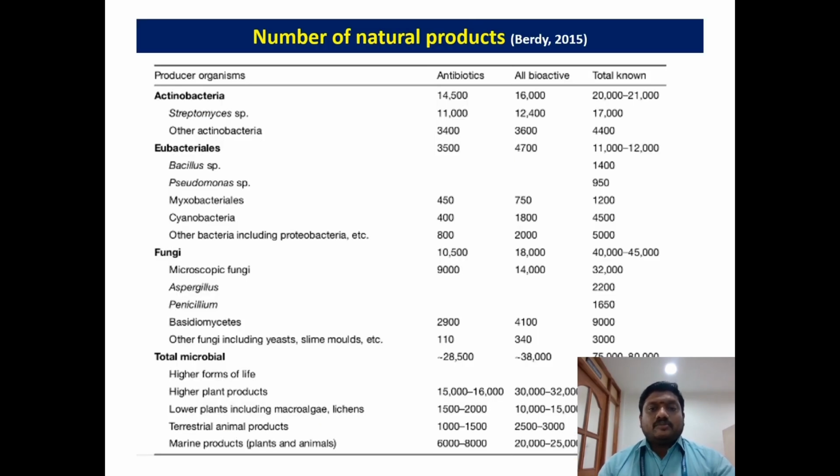And regarding the natural product discovery, this is a recent report where you can see the antibiotics and all bioactive compounds produced by microbial sources, especially actinobacteria, eubacteria, fungi. When compared with other fungi and bacteria, actinobacteria produced 20,000 bioactive compounds till now. So a maximum of antibiotics commercially available may act as antimicrobial and anti-cancer.